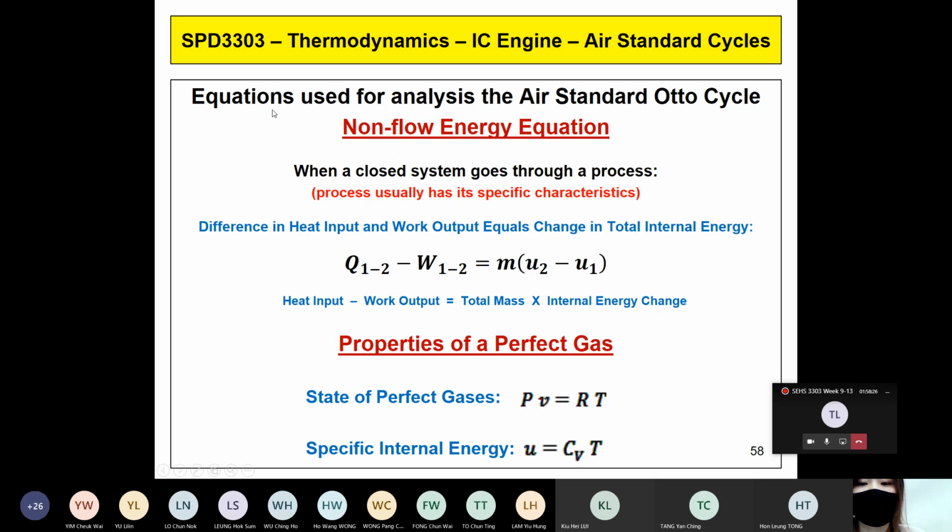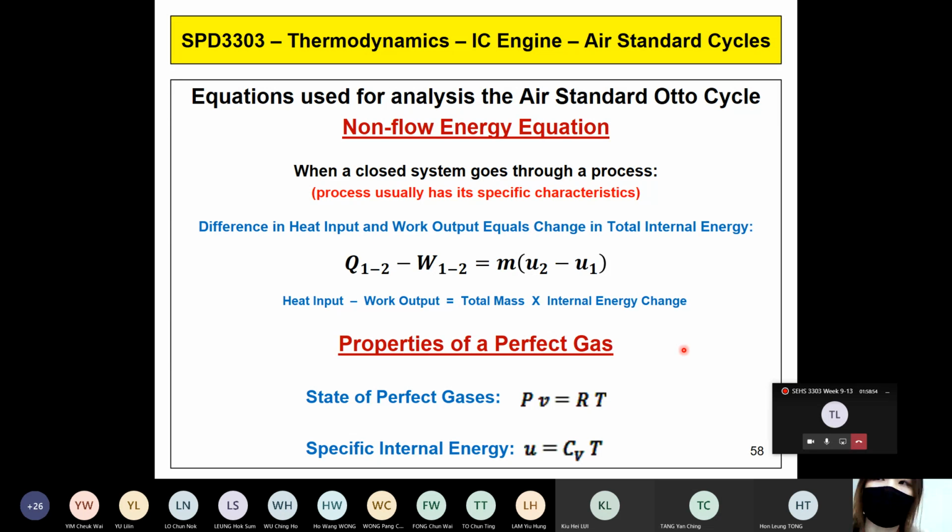Because it is a non-flow system, we can use the non-flow energy equation. That is, the difference between the heat input and the work output equals the change in the internal energy. That's the non-flow energy equation.